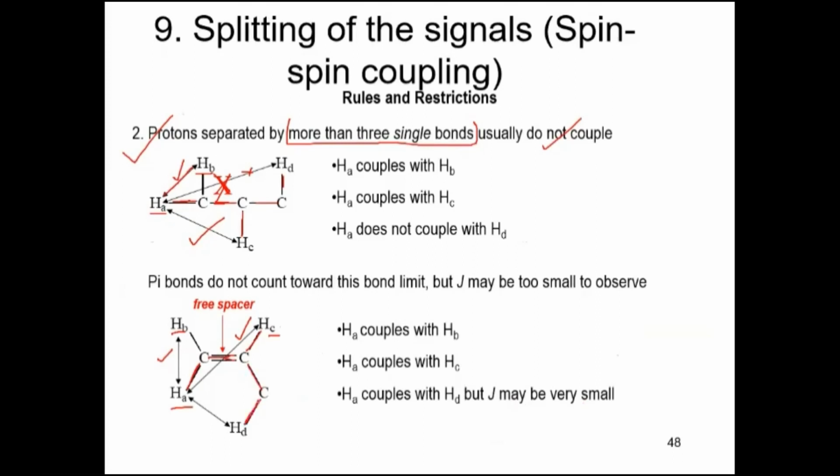You must have seen that it was said that if there are more than 3 single bonds, the word single is important. If there are more than 3 single bonds, it will not couple. But if it is a pi bond, it can be considered a free spacer. You may not count it. So it will be 1, 2, 3. So yes, this coupling can also occur, but the J value will be very small.